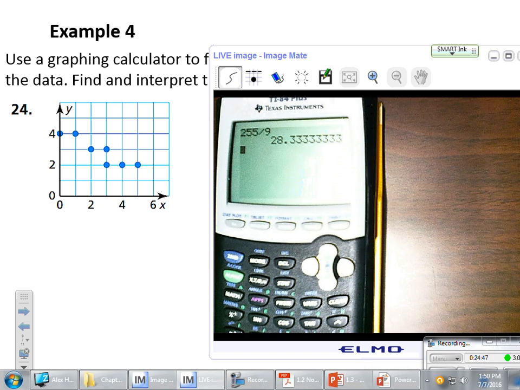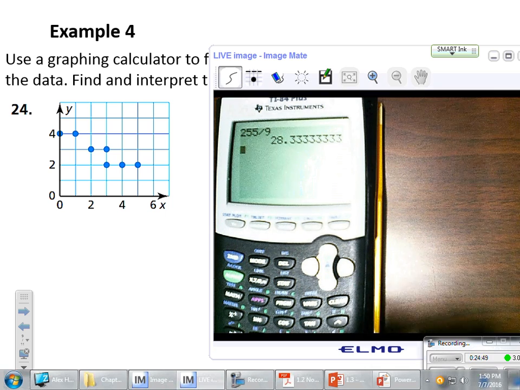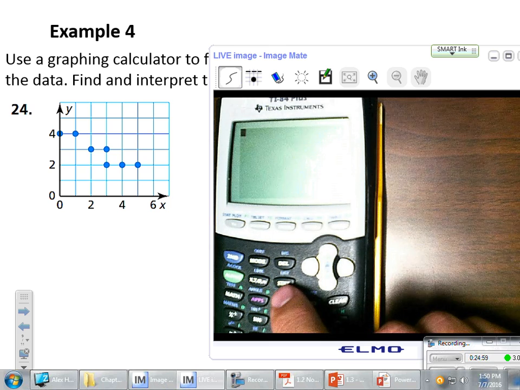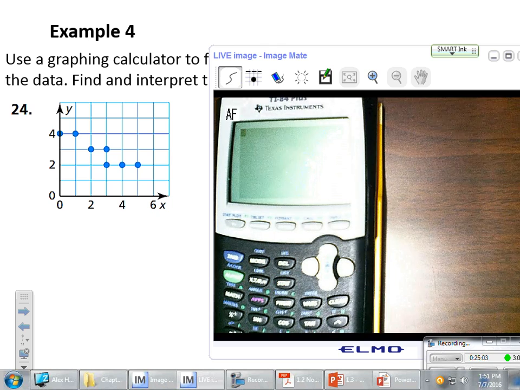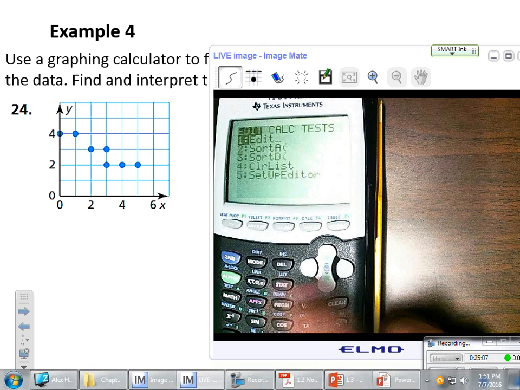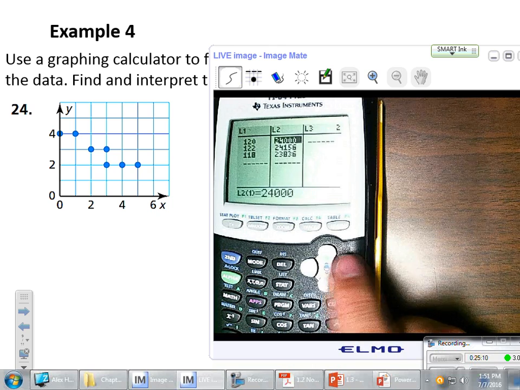And to input this set of points, we actually have to find all of the x coordinates and the y coordinates. And we want to be sure that they match up. So how we're going to input this, you can see there's a stat key here. And what that stat key does, Stat, I can edit my list of numbers.